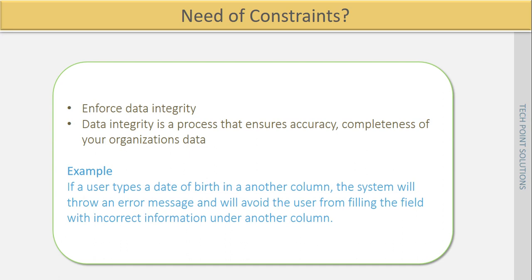For example, if a user enters a date of birth in another column, the system will throw an error message and will prevent the user from filling this kind of information under another column. In that case, your data would not be accurate. That is what data integrity is.